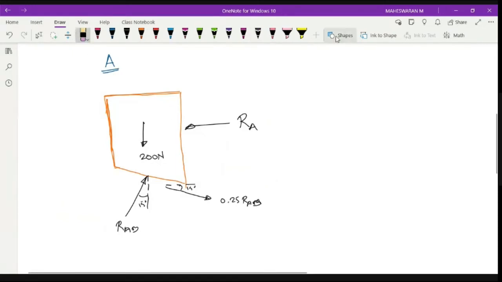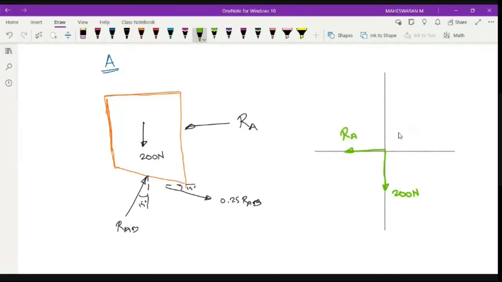Let me draw the force diagram. You have 200 Newton acting downward, RA, and RAB at 15 degrees.